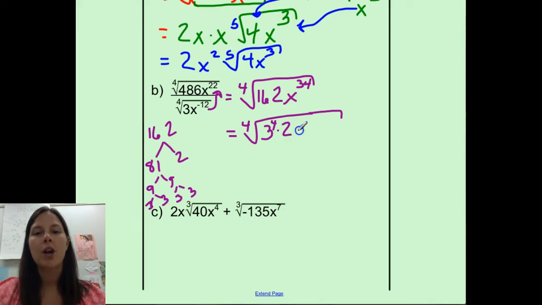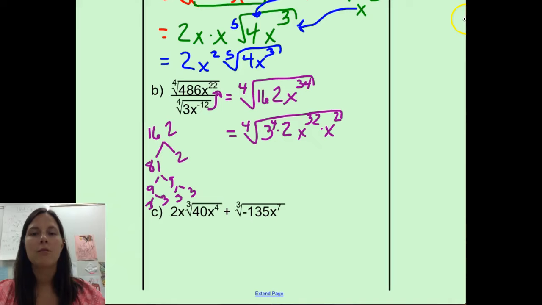With our variables, we could break this up into x to the 4th times x to the 4th over and over until we get something left over like we did with our number. But the easier way is to find a power that is a multiple of 4 and then multiply by whatever's left over. Remember, our power rules, when we multiply powers, we add the exponents.